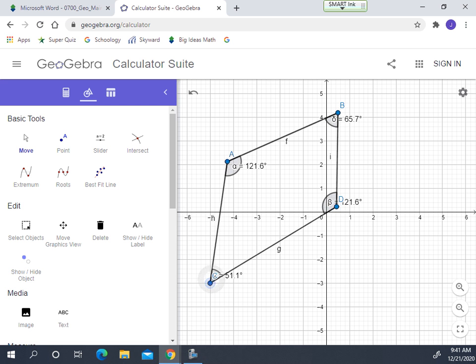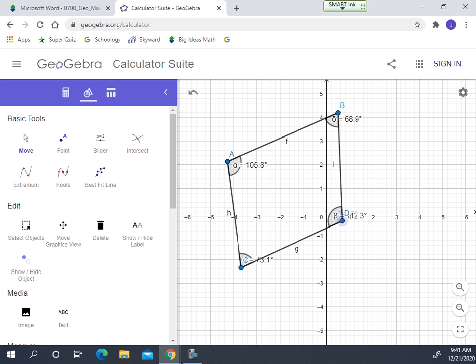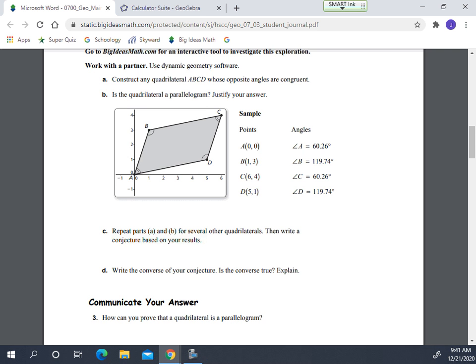And that's 65.7. This has to be 65.7. See if I can get it here. Ah, close. Anyway, no, not gonna do it. Not gonna mess around with it.